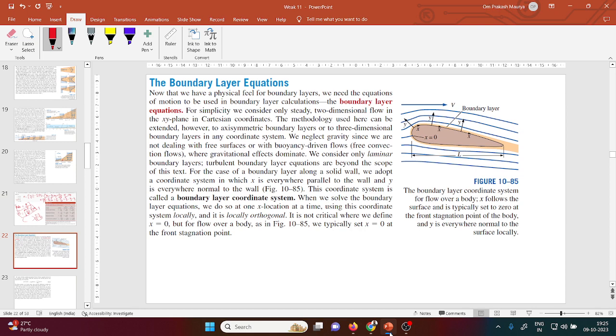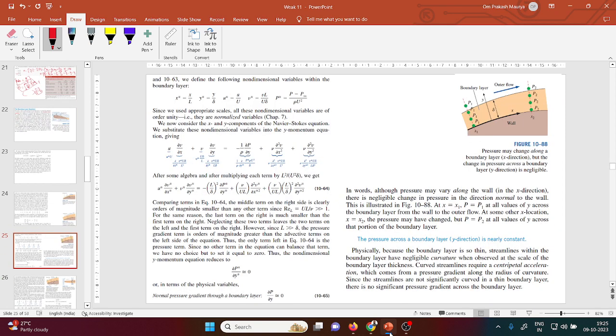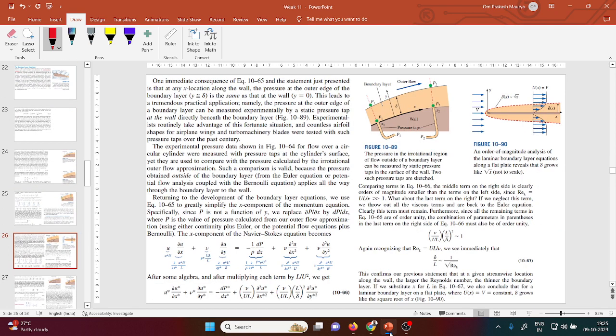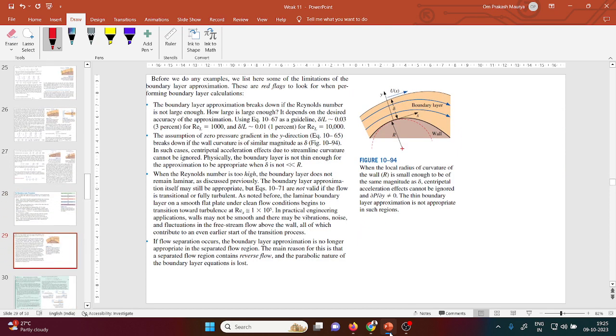I have put this also: what is boundary layer thickness, what is displacement thickness, and what is momentum thickness. How you will calculate them, the procedure is also given.